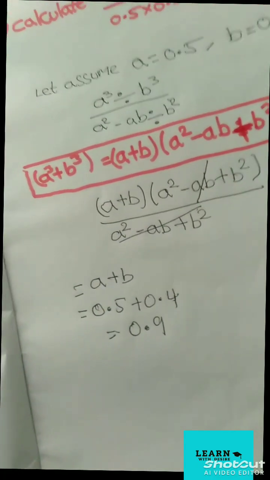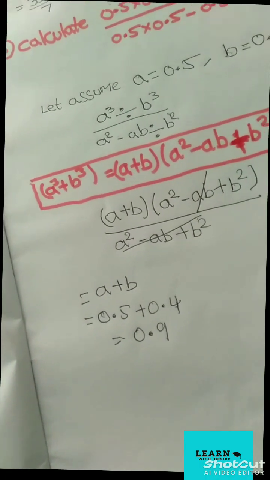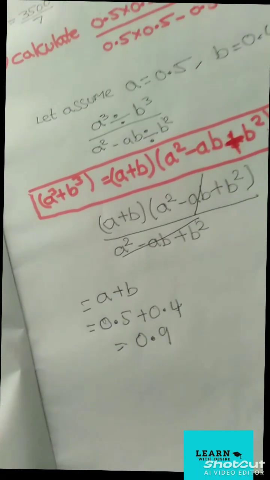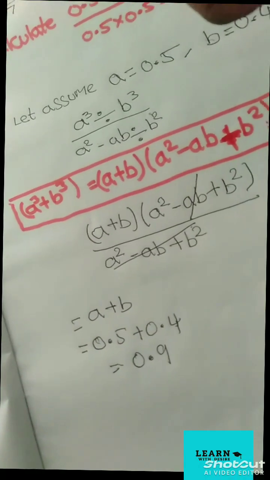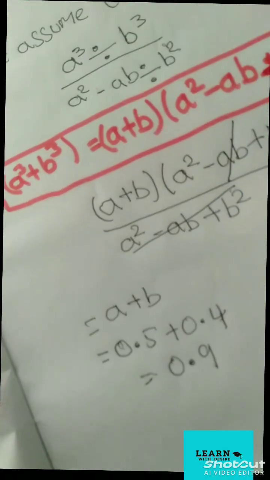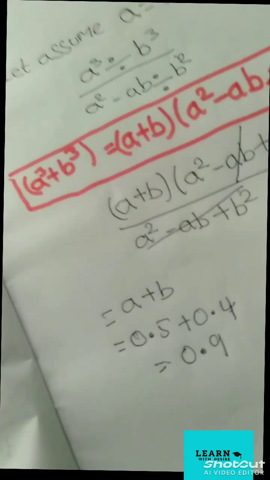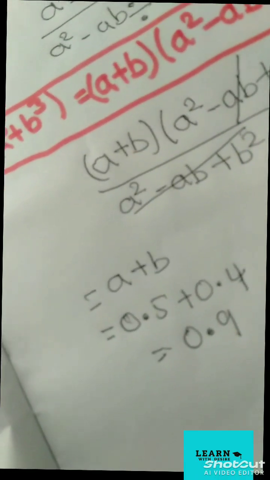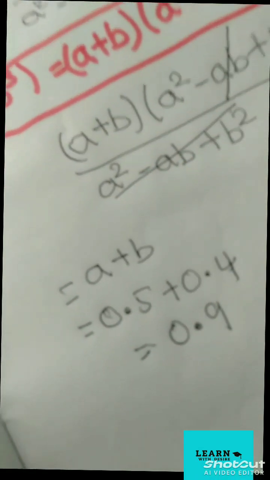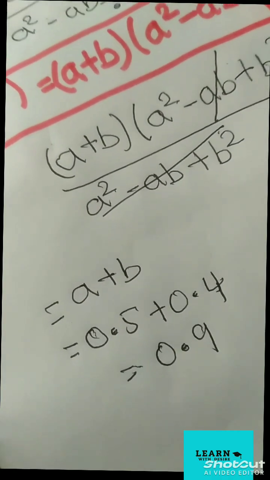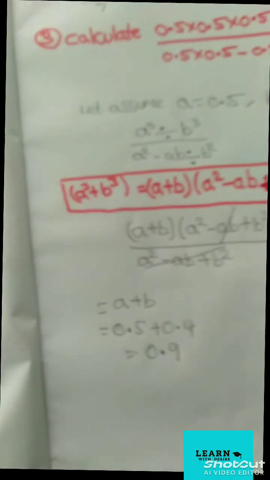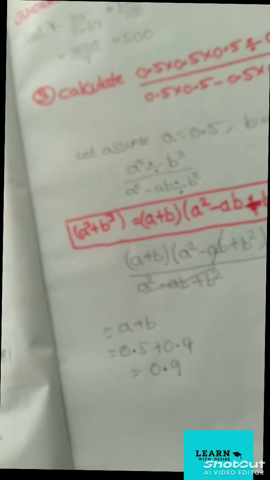If we cancel A square minus AB plus B square from the numerator and the denominator, we keep the answer A plus B. If we substitute the A and B values, then we get the answer 0.9. In this way you can calculate this question.